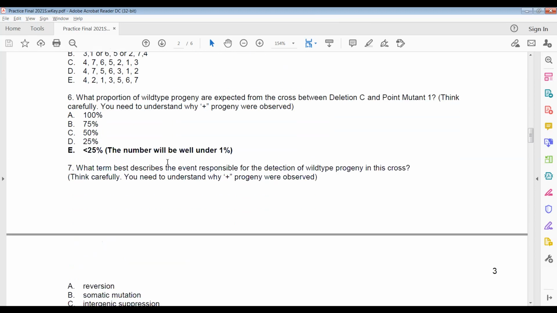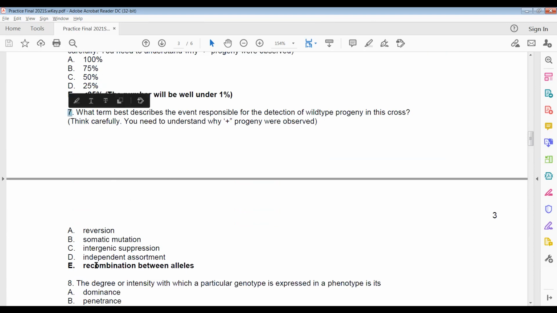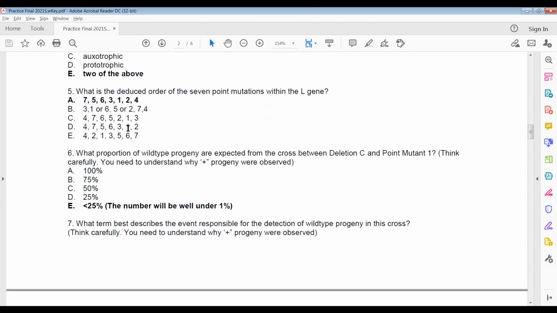Right. So actually, this is the answer for number 7. If there's a recombination between these 2 mutant strains, for example, deletion C has the deletion in this region, but point mutant 1 has something wrong with this base.